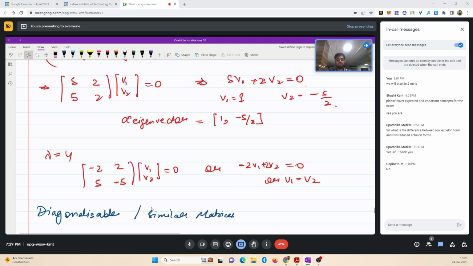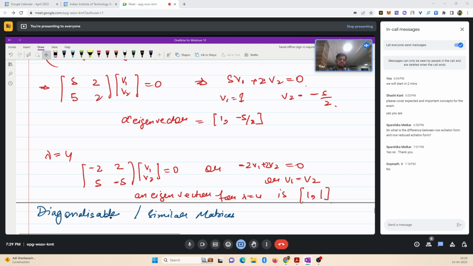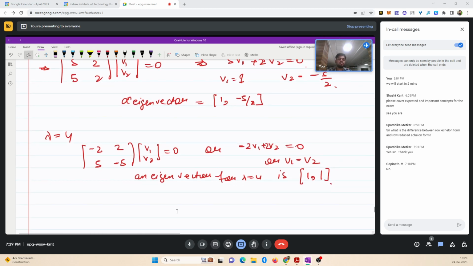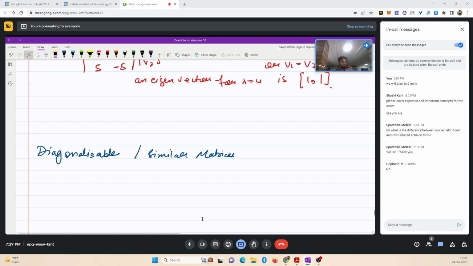So an eigenvector for lambda is equal to 4 is 1 comma 1. Okay. So this is how you can find eigenvector and eigenvalue for a particular matrix that is given to you. Okay.